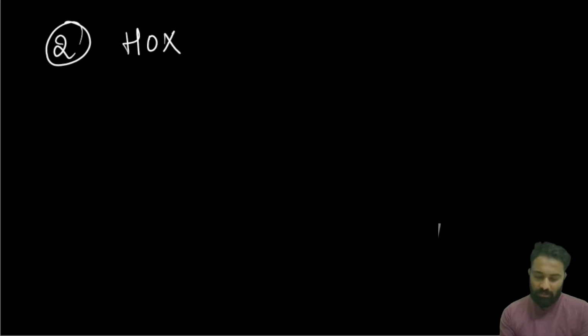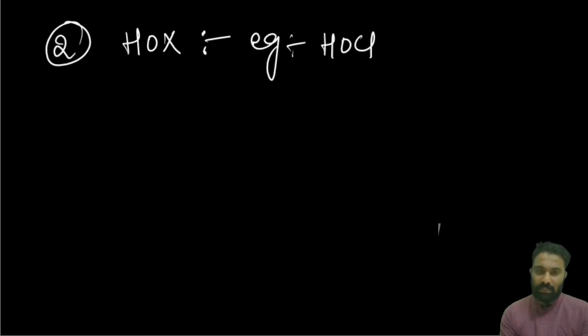Now we'll see the next type of reagent, we have HOX. Examples of this type of reagent are HOCl and HOBr.